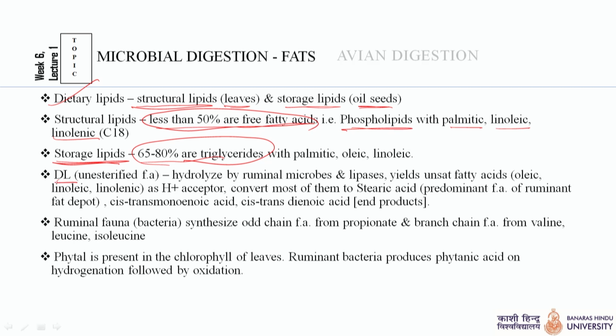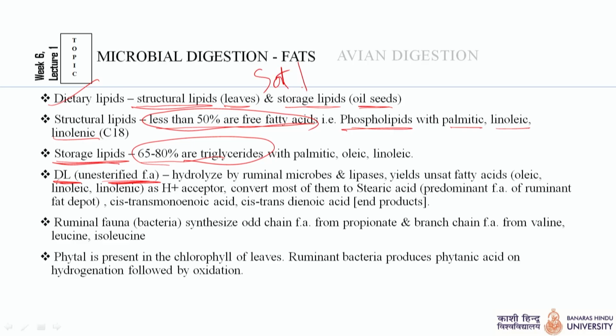Now, the dietary lipids are unesterified fatty acids. Whenever you see fatty acids, there are two types: saturated fatty acids and unsaturated fatty acids. You might have come across these terminologies. What are saturated fatty acids?